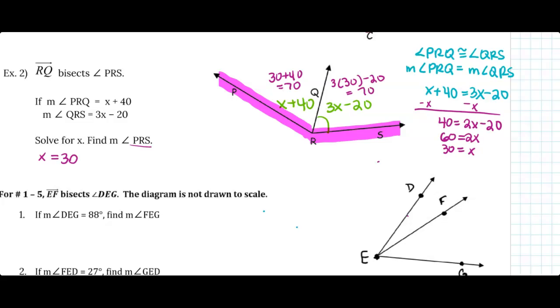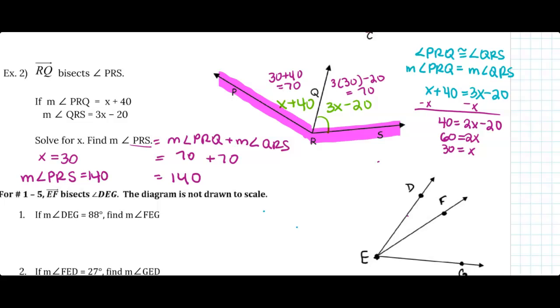It's good to plug into both angles, just like we did with segments, to check that we did it correctly. Once you've done that, the angle PRS is just the measure of angle PRQ plus the measure of angle QRS. So that's 70 plus 70, which is 140. So the measure of angle PRS is equal to 140 degrees.